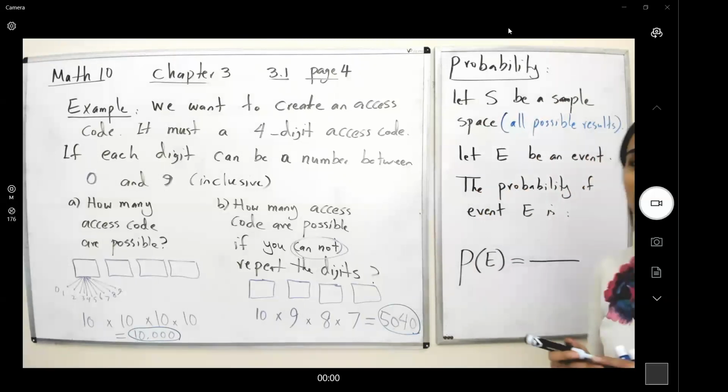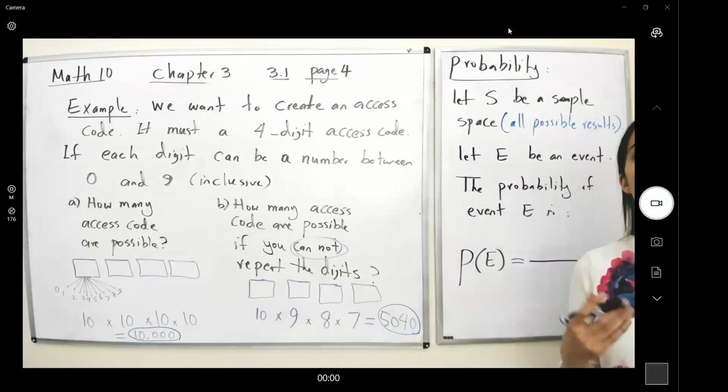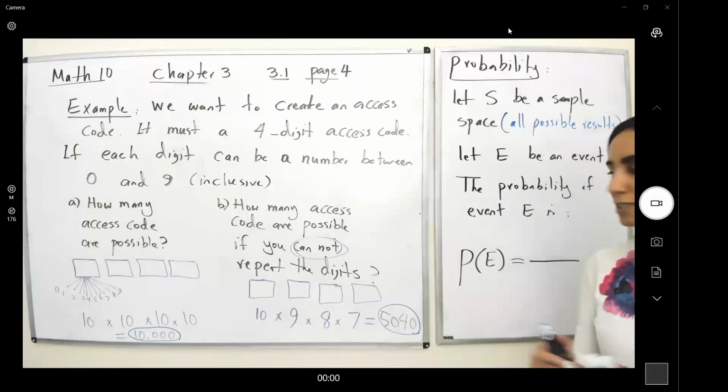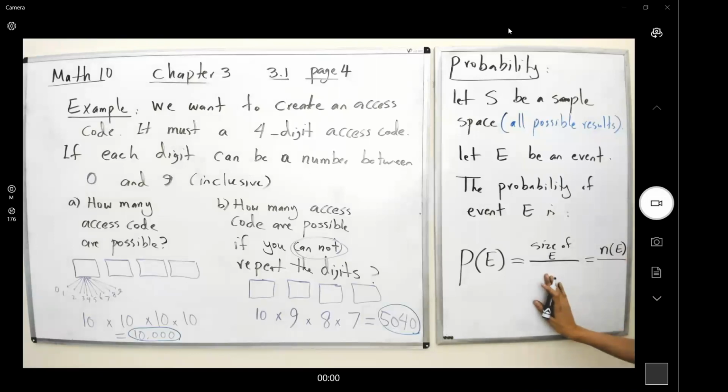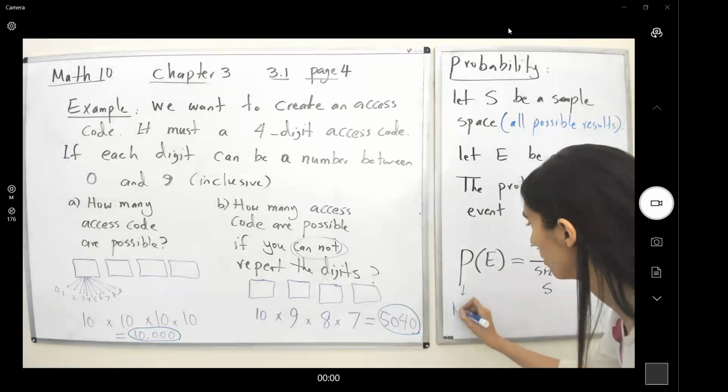On the numerator of the fraction, you have to write the size of your event, size of E, which is N of E. On the denominator, you have to write the size of sample space, size of S, which is N of S. This is the definition of probability of event E. P is probability.